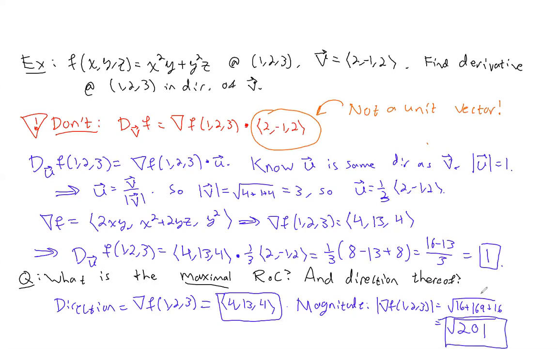So that's the maximum rate of change. So the direction of the maximum rate of change is always the gradient, and the maximum rate of change itself is always the magnitude. Little trick.